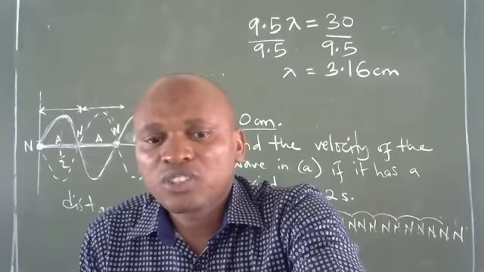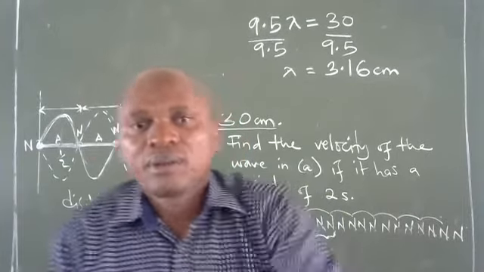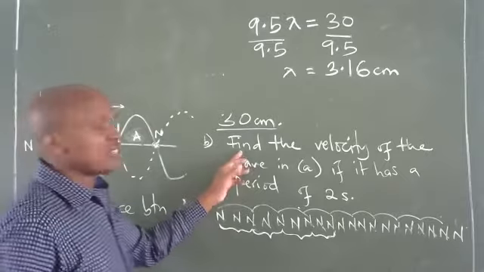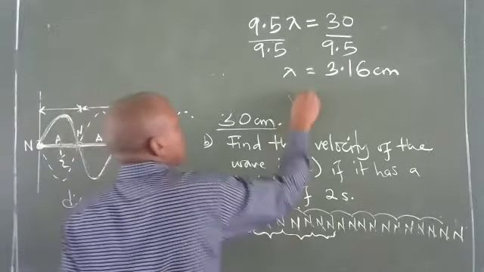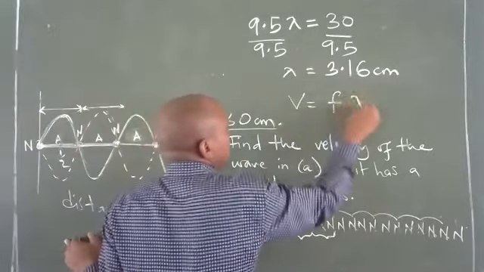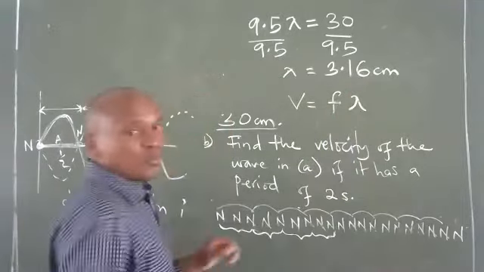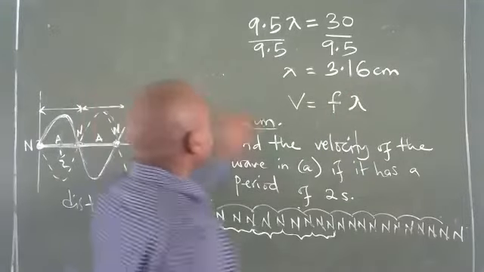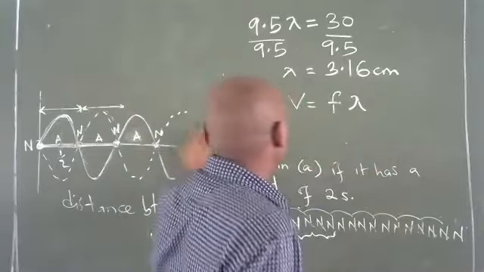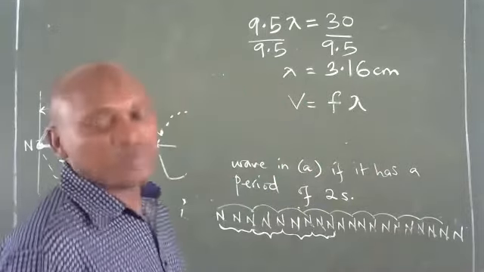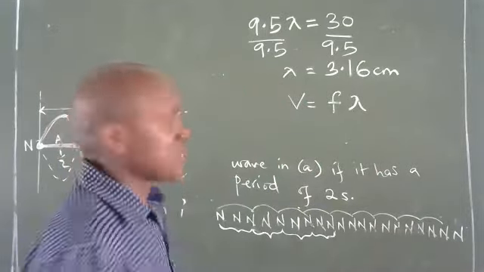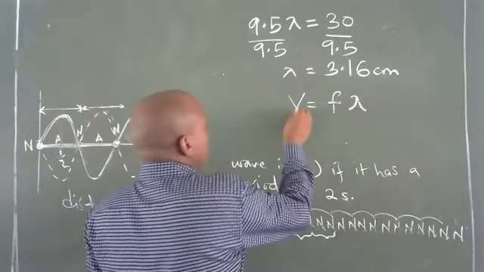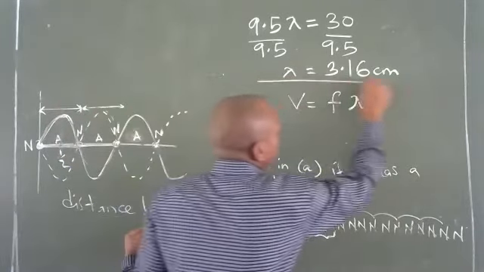What about part 2? How did you work out part 2? Part 2 was asking for velocity. We know velocity is equal to f lambda. That's the formula for velocity. If this is the formula, we ask ourselves, out of that formula, what have they given us?